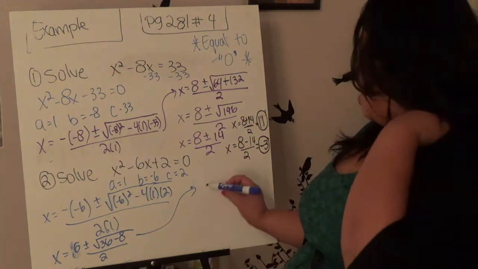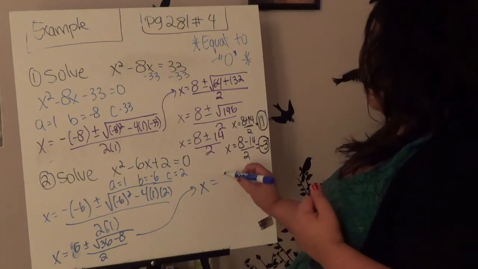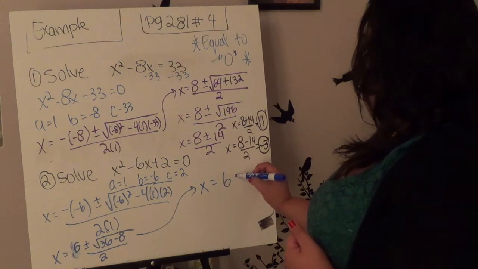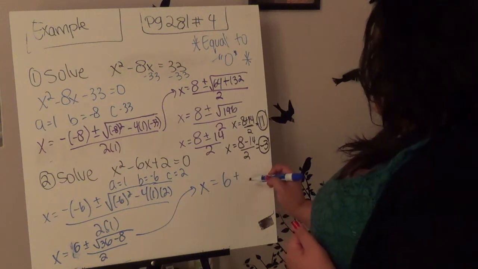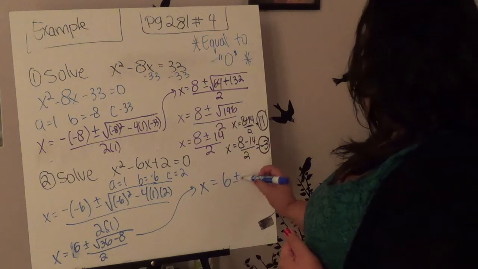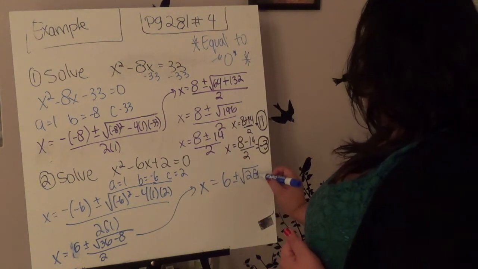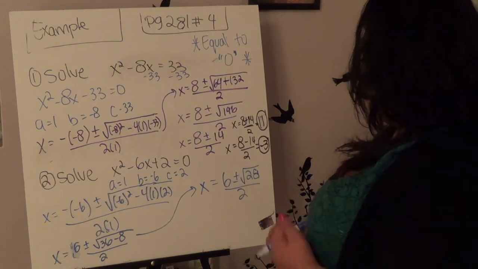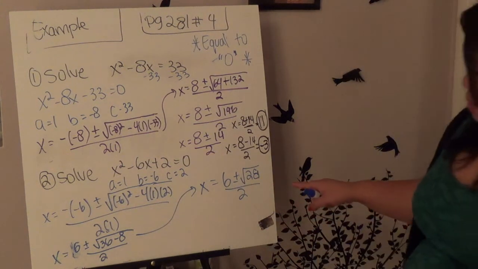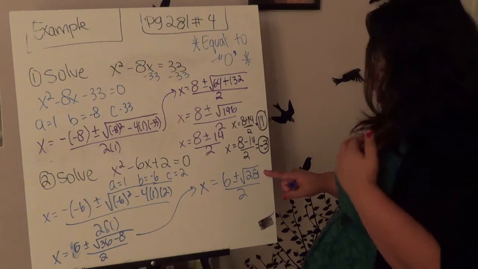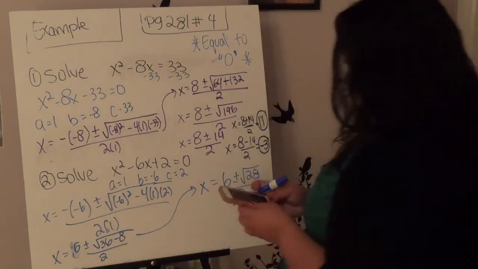Okay? Then next, we have x equals 6 plus or minus square root of 28 over 2. Now, if I square rooted 28, I would get a decimal.